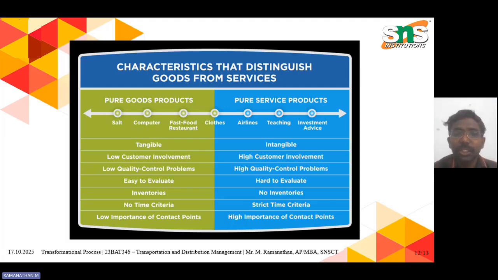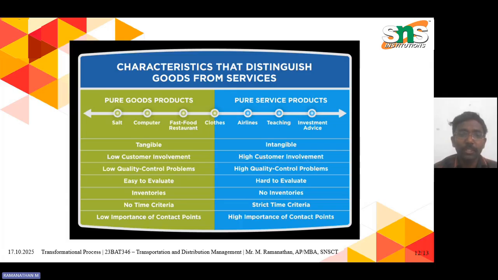A few characteristics of goods and services we are going to see. Goods are always tangible, services are always intangible in nature. There is low customer involvement in goods and high customer involvement in services, because human power or skilled assistance is high in services. Goods have low quality control problems, while services have high quality control problems. Goods can be easily evaluated, while services are hard to evaluate.